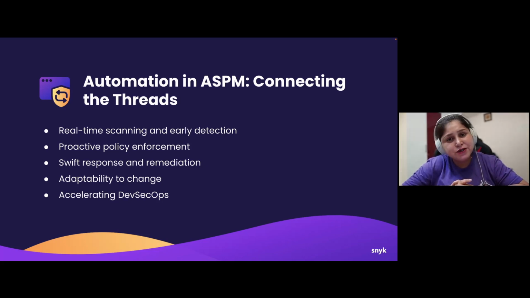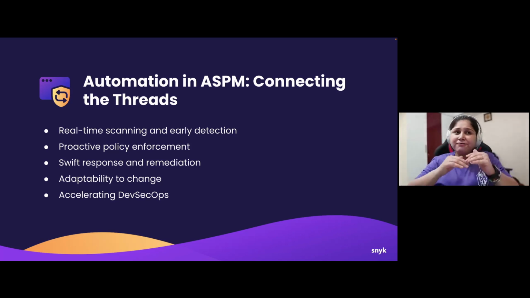Now, the alert tools are integrating with the ASPM automation. They are telling us, but if you don't have the right messaging apps, could be Slack, or Teams, or any other communication mechanism, and we don't get the alert at the right time, we're in big trouble.